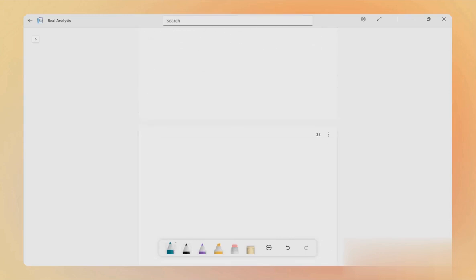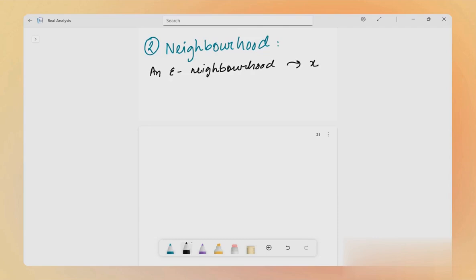Okay, now we will come to our next topic, which is neighborhood. This is something new which you will learn in your B.Sc course because intervals we have already learned before. What is a neighborhood? By the definition of Mapa, an epsilon neighborhood of a real number x is denoted by N of x, epsilon, which is x minus epsilon and x plus epsilon.